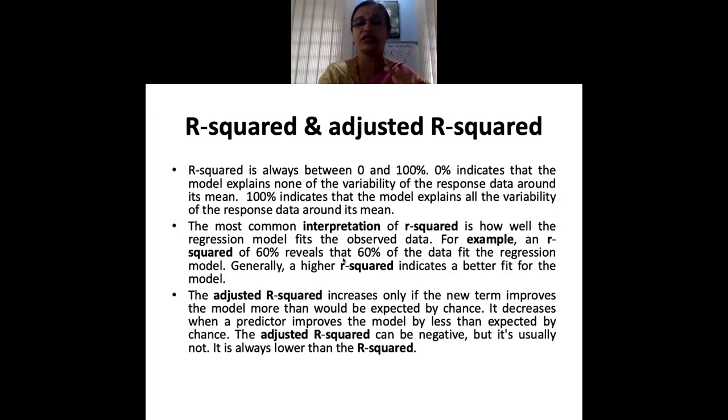Usually R square and adjusted R square come between 0 and 100%. So suppose I get an R square of, let us say, 40% or 0.4, that means 40% of my data fits that particular regression model.